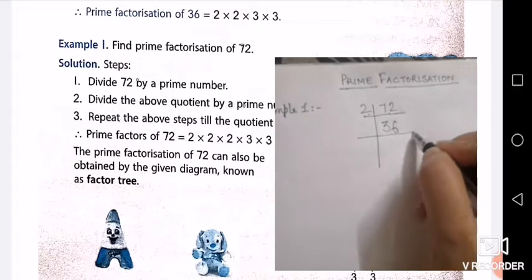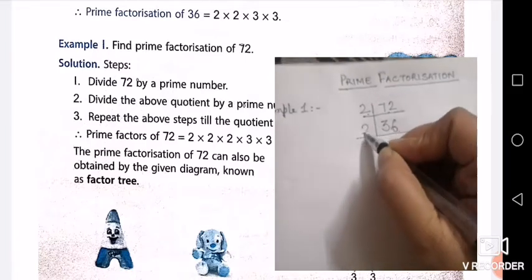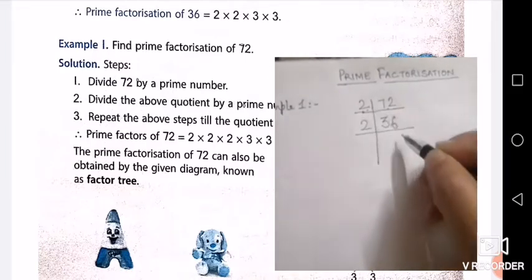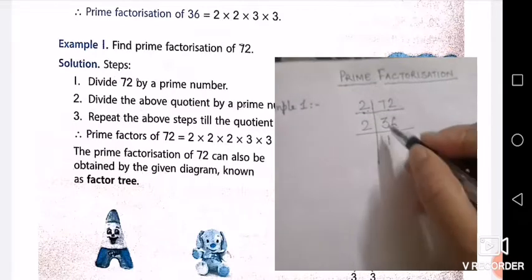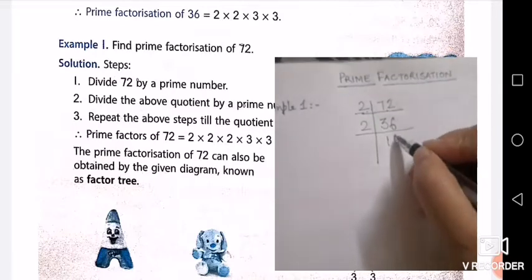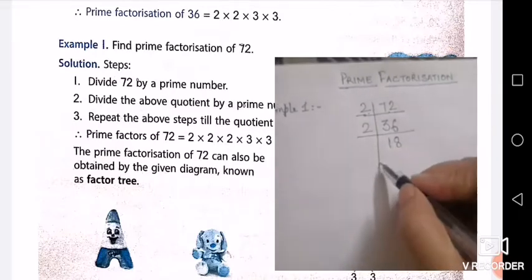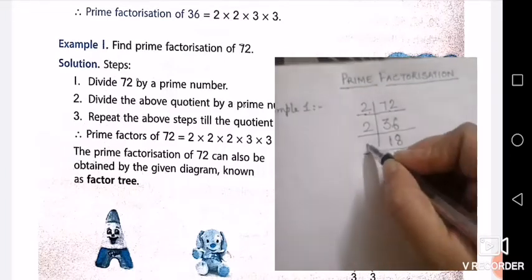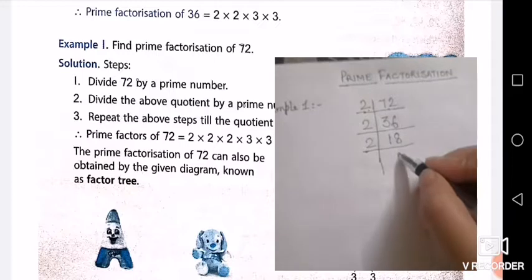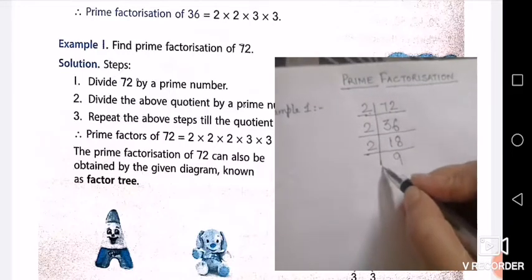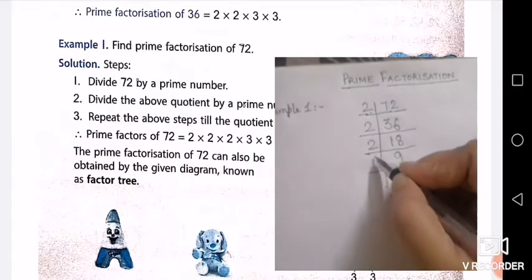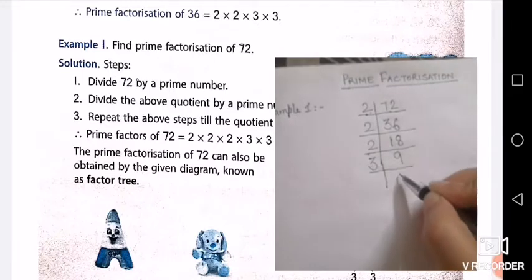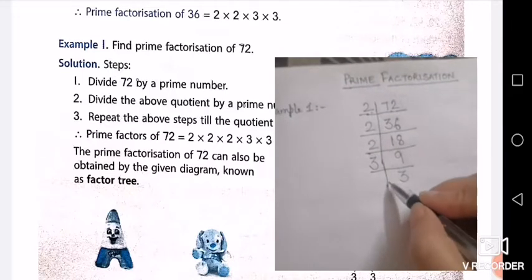Now again it is divisible by 2, so we divide by 2. 2 1s are 2 and then 2 8s are 16. Again it is divisible by 2, so we divide by 2. 2 9s are 18, then 3 3s are 9.